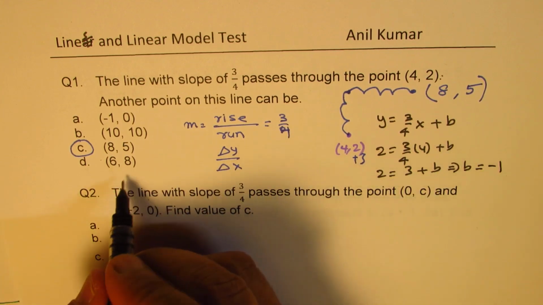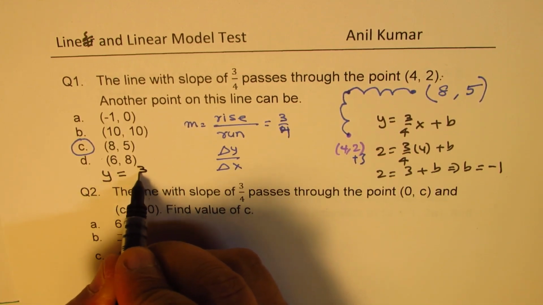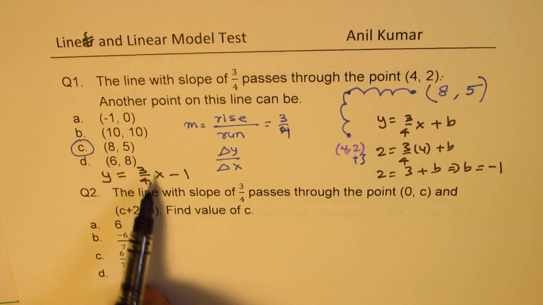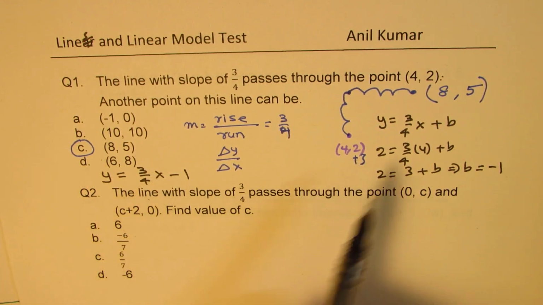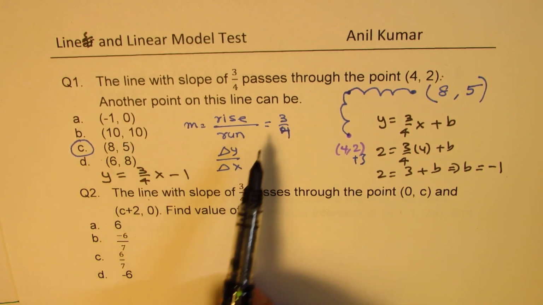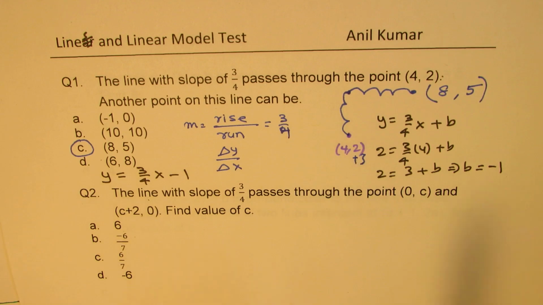So the equation is y = 3/4 x - 1. Now you can substitute the points and check. But this takes a lot of time. So in a multiple choice question, the method which I showed you is perfect. I hope you understand and appreciate it.